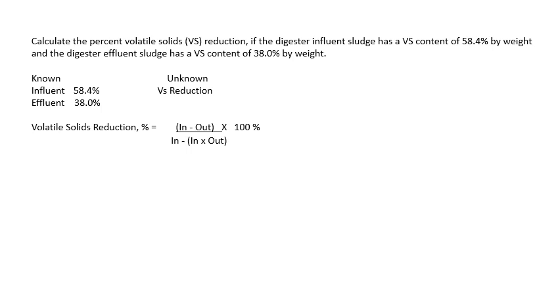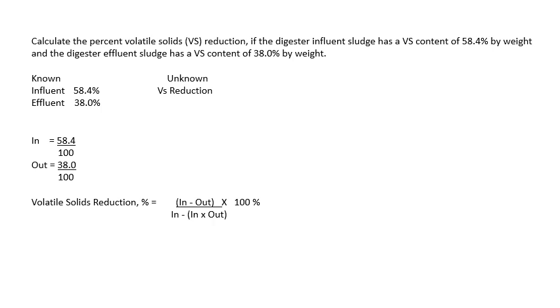Again, volatile solids reduction percent is equal to in minus out divided by in minus in times out times 100%. Also, the first step we're going to have to take for this formula is the percentages must be in decimals for this equation to work. If you do not take the 58.4 and the 38.0% and make them a decimal, this problem will not work.